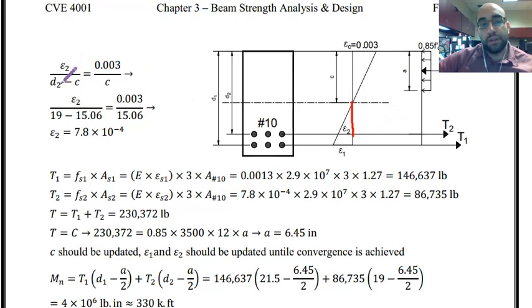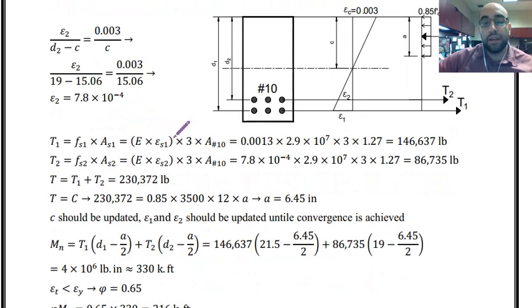Epsilon 2 over d2 minus c is equal to 0.003 over c, right? Based on this, I can find epsilon 2, the strain that I have at the first layer of steel. Now that I have the strain, I can simply find the stress, and that is the strain multiplied by Young modulus.